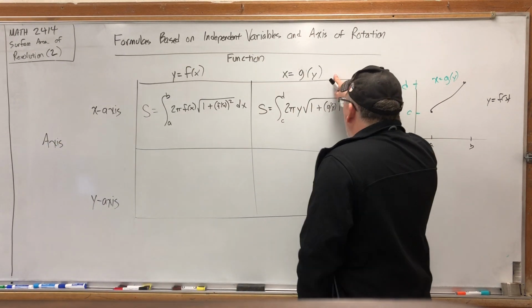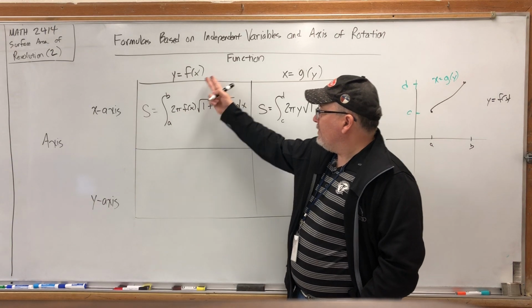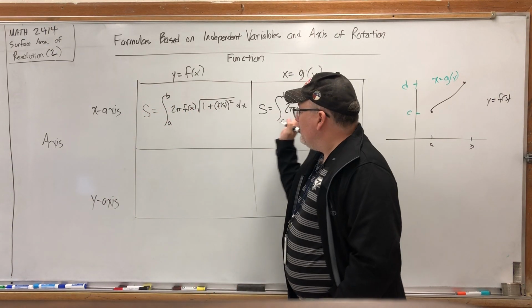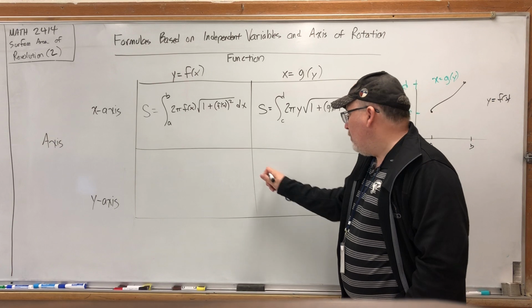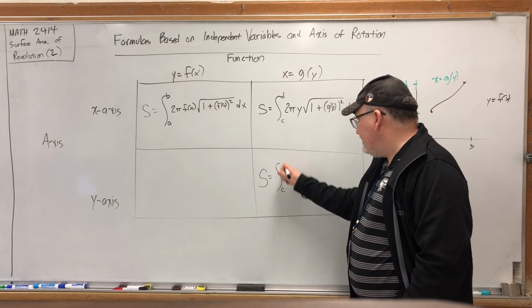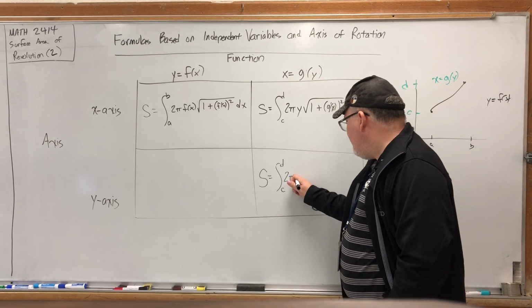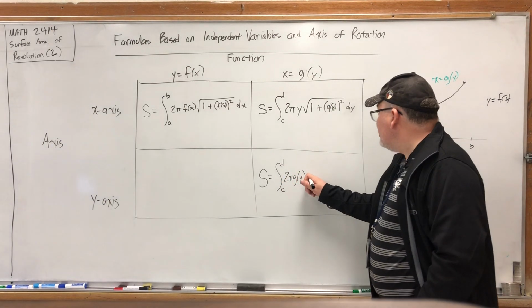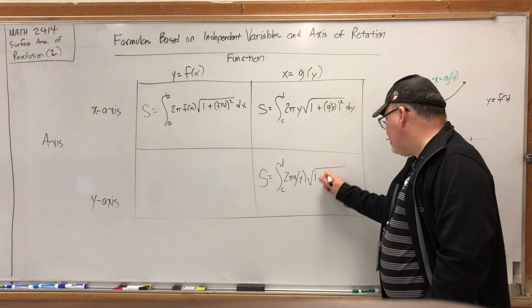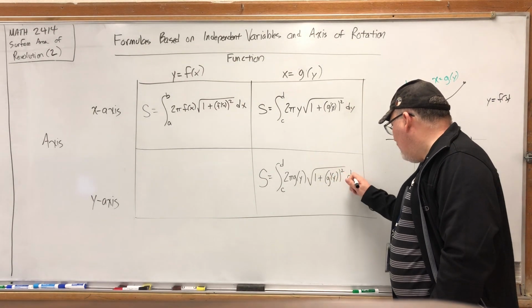If we had a function of y and we were rotating around the y-axis, it would look almost just like a function of x rotating around the x-axis. But instead of everything in x's, it would be in y's. So our lateral surface area would be the integral from c to d of 2 pi g of y times the square root of 1 plus the square of the derivative of g of y dy.